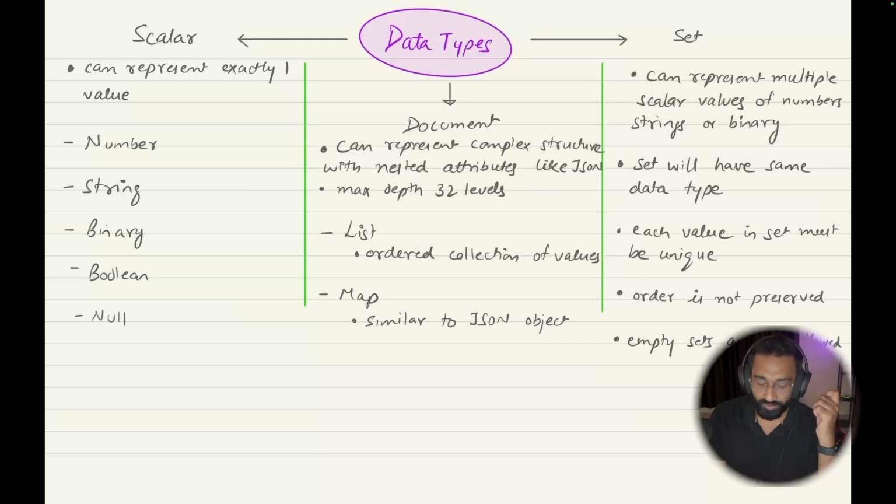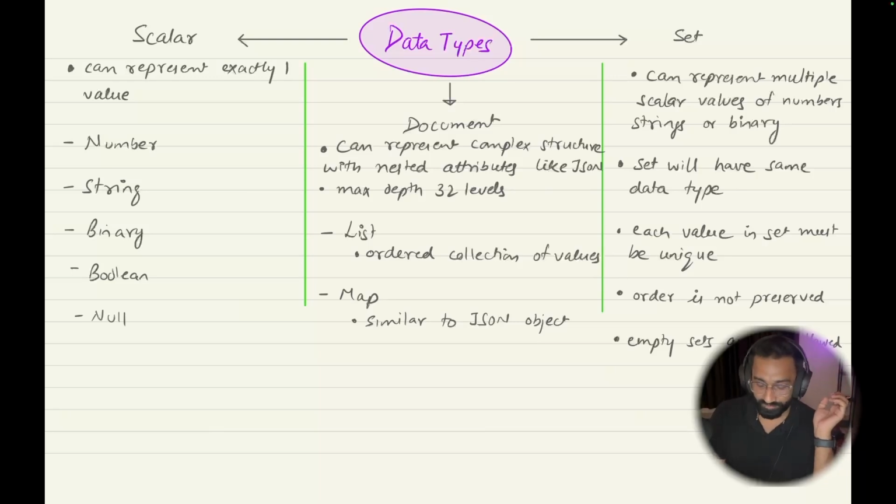Now, when we talk about sets, these represent multiple scalar values. In scalar, we could only have one value, but in sets, we could have multiple values of either number, string, or binary. But these should be of the same scalar type, as in it should contain just numbers, or strings, or binaries.